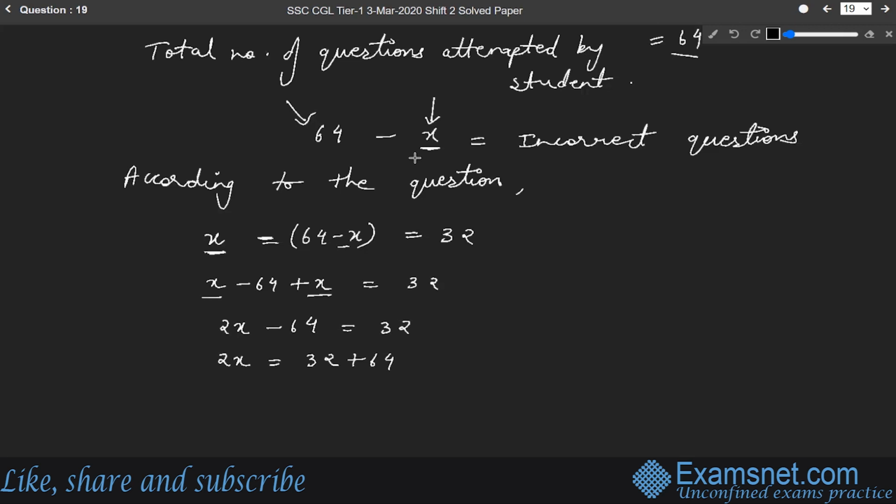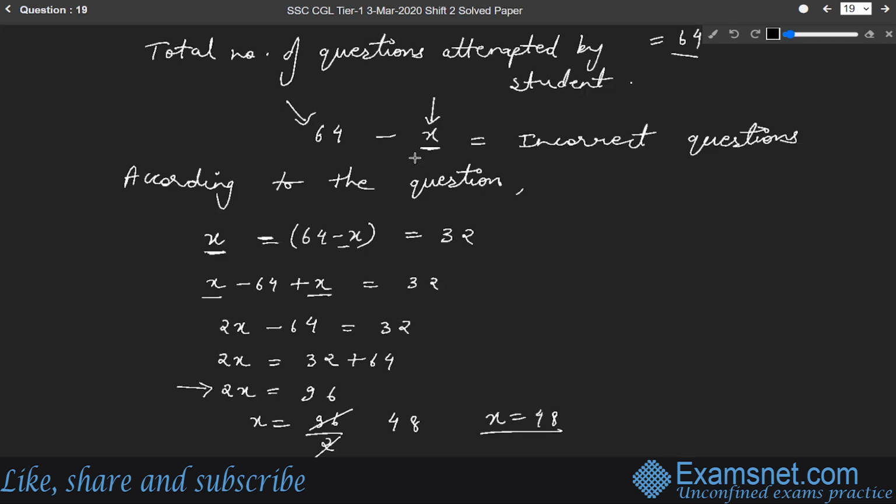When this 64 goes to the right hand side, the sign will change. So 2x will be equal to 32 plus 64 which is 96. So x will be equal to 96 divided by 2. Since this 2 is in multiplication, when it goes to the right hand side, it will be in division. All right. So now cancelling it, it will be 48. So the value of x is 48.